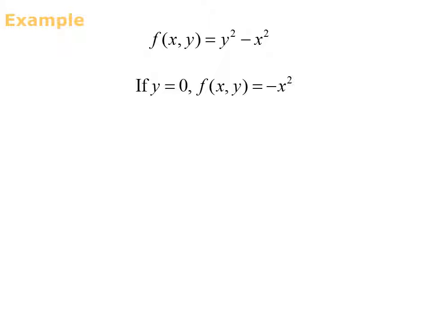So we're going to set y equals 0. And if y is equal to 0, we get just f equals negative x squared. Well, x squared is always positive, so a negative x squared is always negative. So in the x direction, from the point (0, 0), all of the answers are negative.